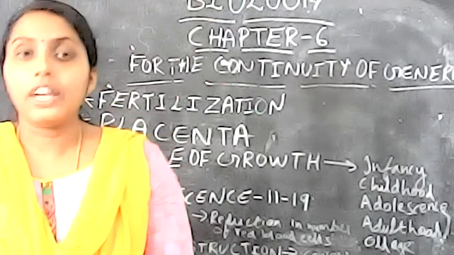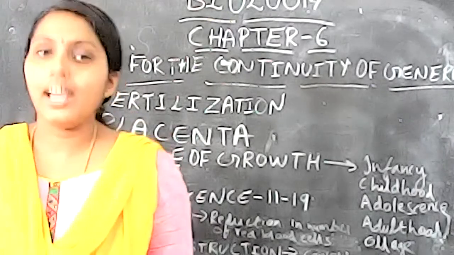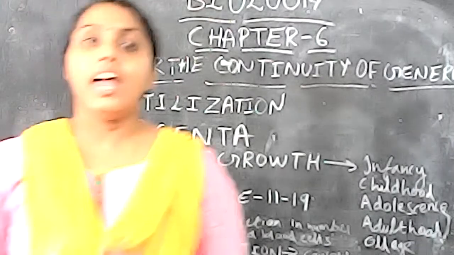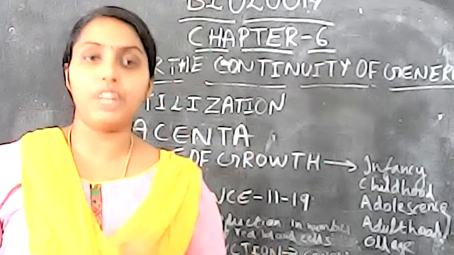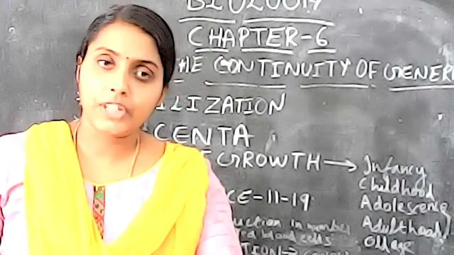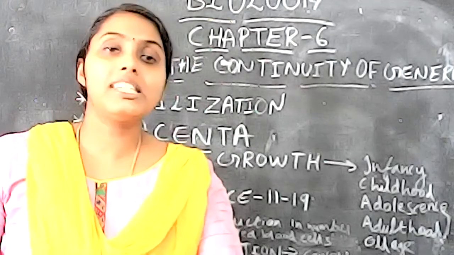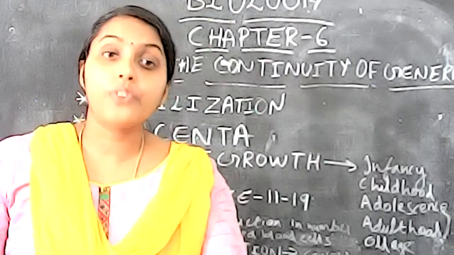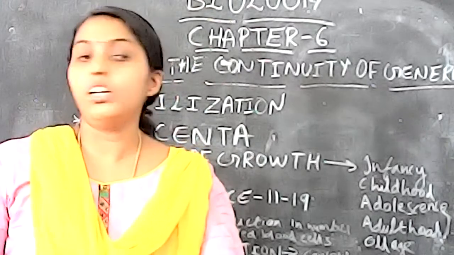So you can see the picture in your textbook about the placenta. Placenta helps in attaching the fetus to the inner wall of the endometrium. The placenta consists of the tissues of the fetus and the tissues of the uterus.